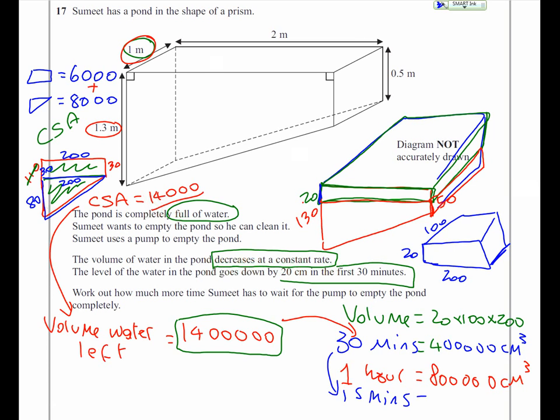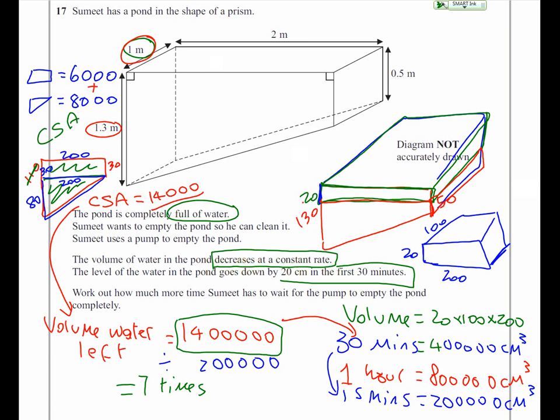15 mins, we can half it and get 200,000. Why have I chosen that? Because I know that we can divide that by 2. How many zeros have we got? 5. Can you see how many times that goes in? 7 times.